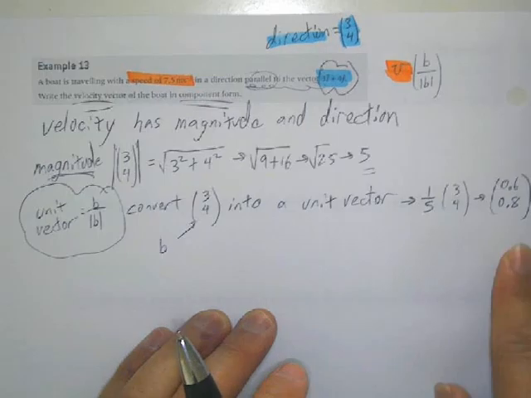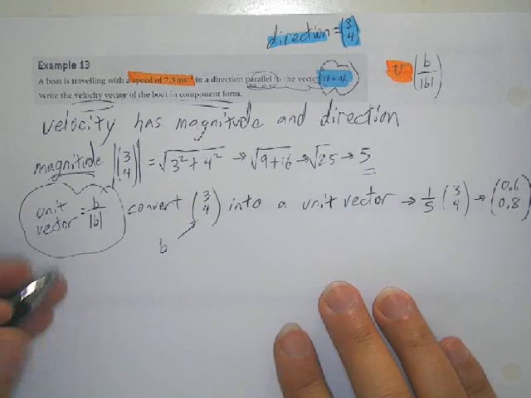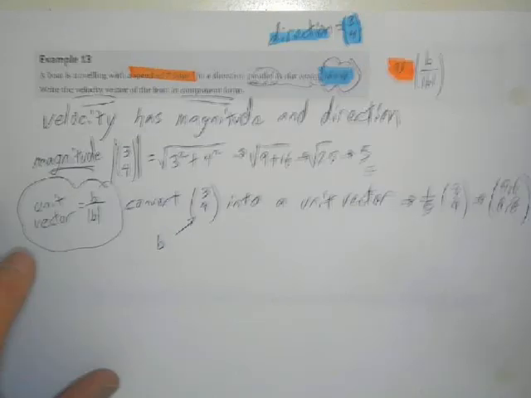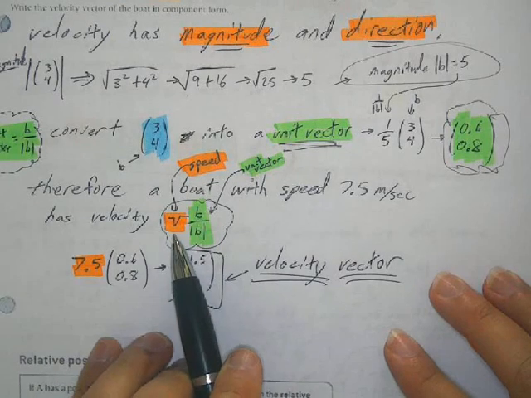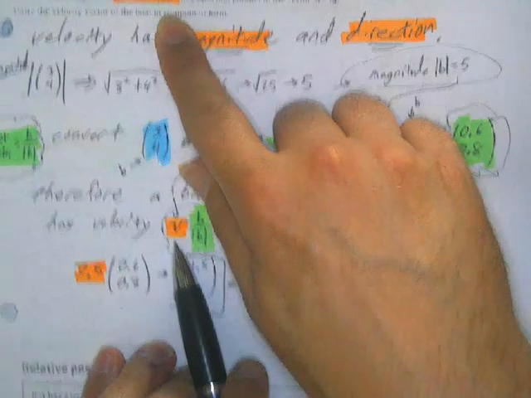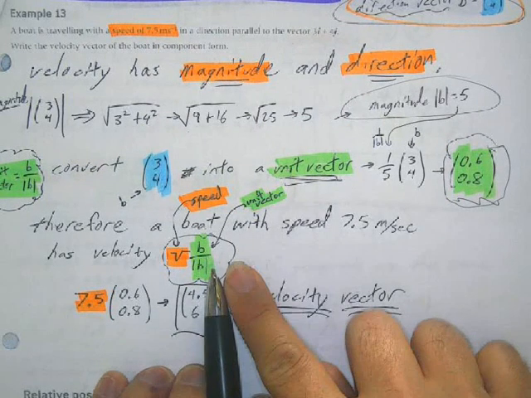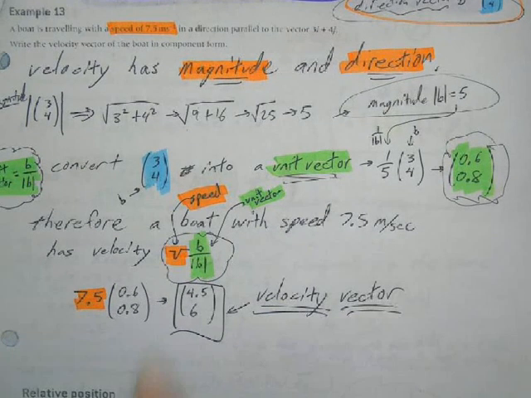Okay, so now I'm trying to find the velocity vector. So I've got my boat speed, which is 7.5, right? And my unit vector, we just figured out, was 0.6 in the x direction, 0.8 in the y direction.